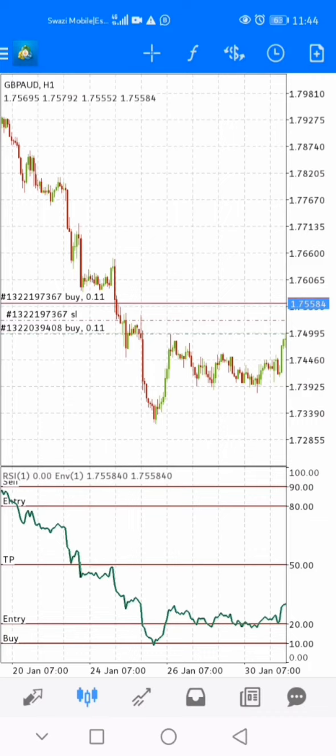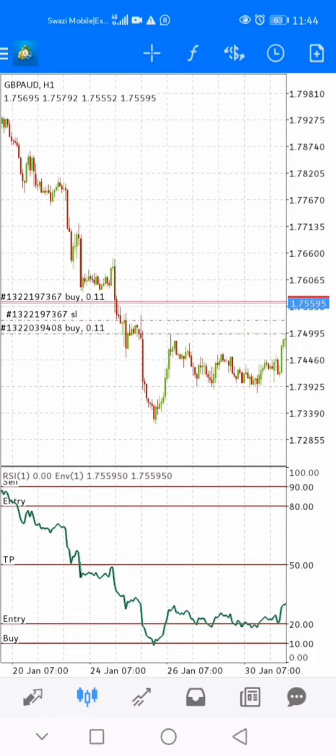So I only say that you wait for price to come and touch the 10 line level down there on this red arrow. You wait for price to come and touch this 10 line level, and then you wait for price to come up and cross the 20 line level, and then you can take a buy.